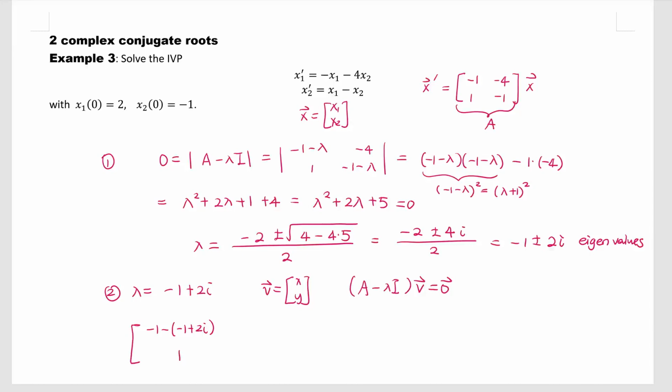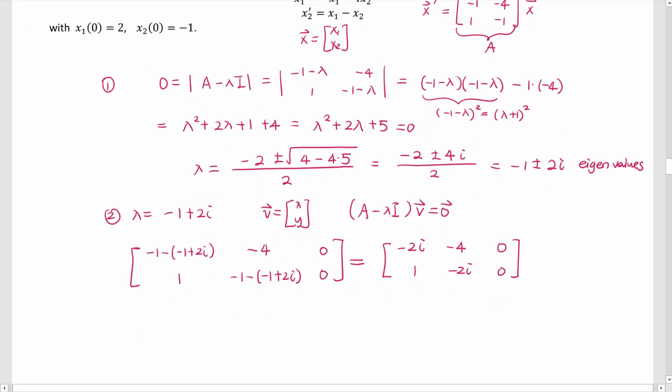And then we have 1, we have minus 4, and negative 1 minus lambda, where lambda is minus 1 plus 2i. And the right hand side is zeros. Okay, what is this? Minus 1 minus negative 1, they cancel, and then we have minus 2i here. And we have minus 4 and 0. Then 1, and minus 1 minus negative 1 become minus 1 plus 1, they cancel. So we have minus 2i here.